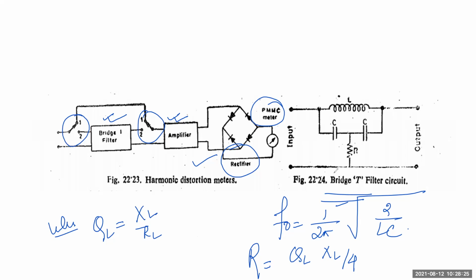You can understand why it is a T bridge filter: the input and output are here, and two capacitors are connected. With that, inductor L is connected, and between the two capacitors a resistance is connected. So it is actually a T-shaped structure.